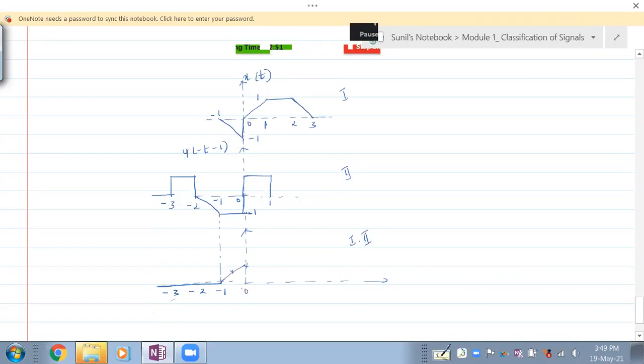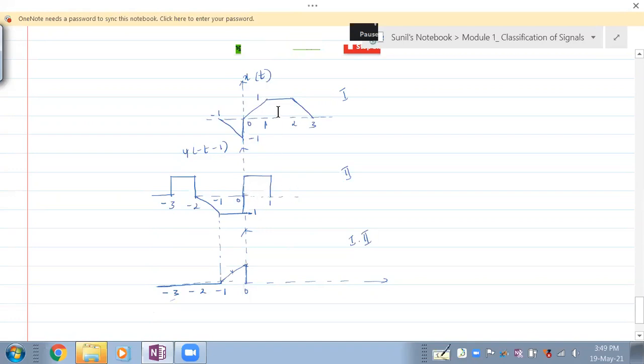At 0, again it should come down because you have 1 multiplied by 0, which is 0. So that should come back to 0. See, from 0 to 1 what's happening. From 0 to 1 you have some signal and that signal is being multiplied by 1.